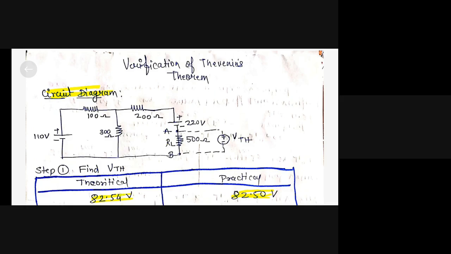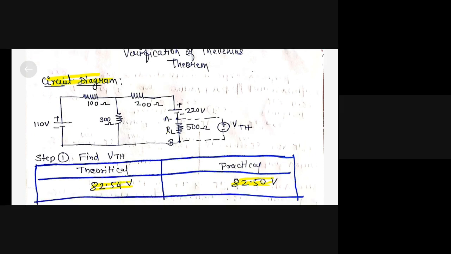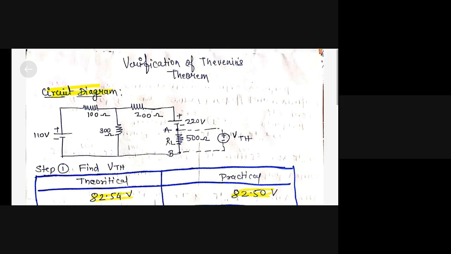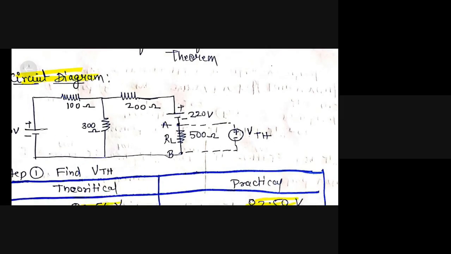As we have discussed in the step-by-step procedure, the first step while applying Thevenin's theorem is to find VTH. VTH is nothing but the Thevenin's voltage. In this circuit diagram, across the load resistance I have shown VTH.